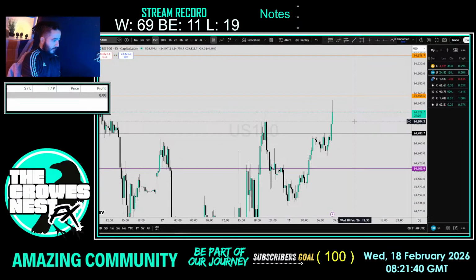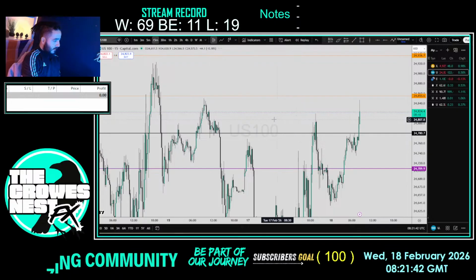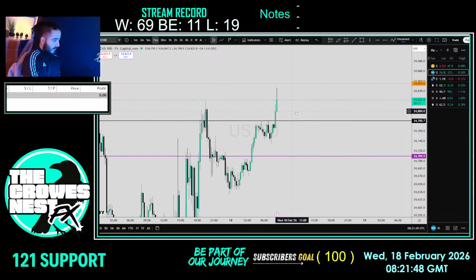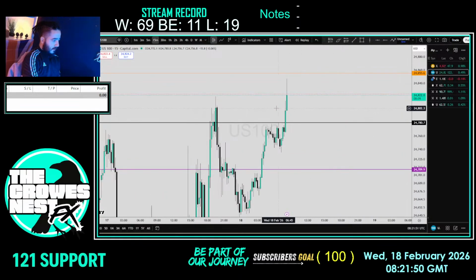But this 15 would have to do it. Why has this 15 got no bottom wick? If this 15 flips now, there's 8 minutes left of it. It's going to come and tap previous support.